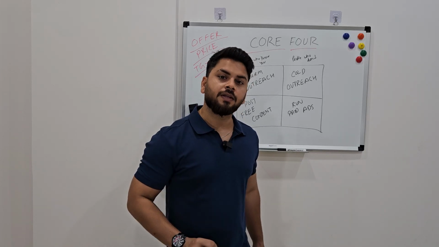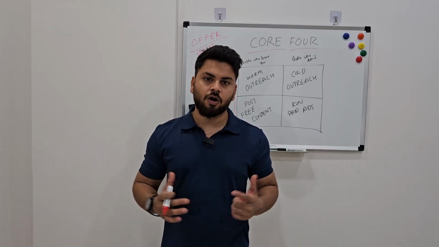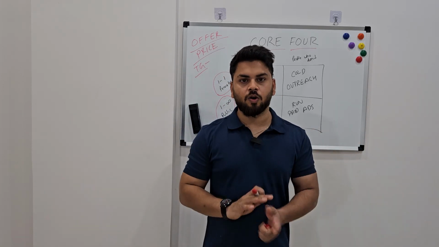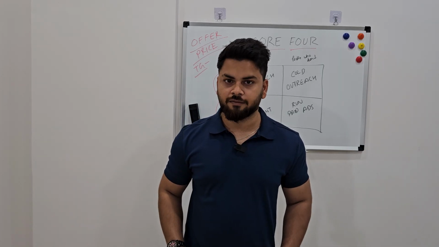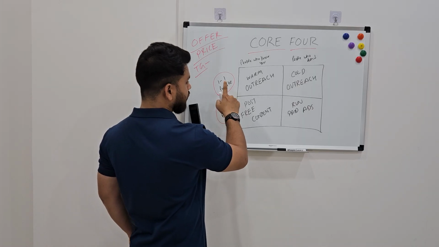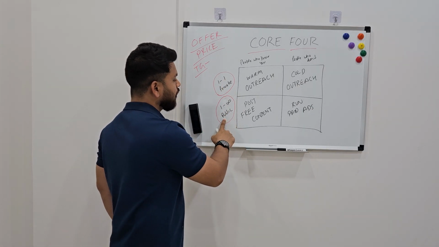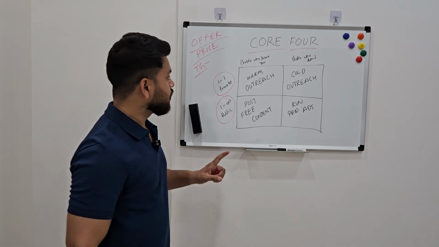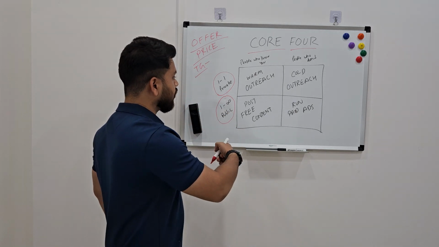But if I mess up in one to many sales, for example, if I'm doing a workshop and I don't know how to present my whole presentation, then I will mess up the whole thing and no one is going to buy from me. That is why you should first understand one to one private selling, and after that you should go for one to many public selling. I hope you got the understanding of this.